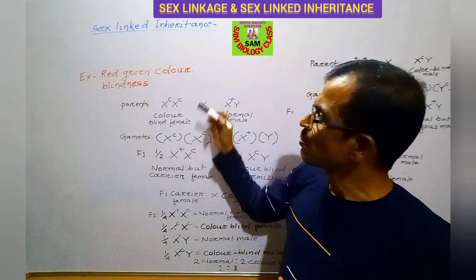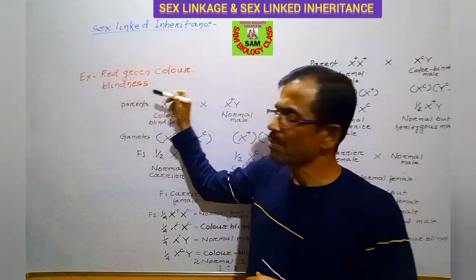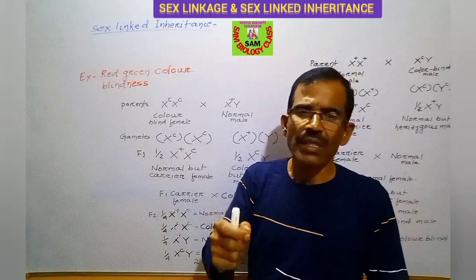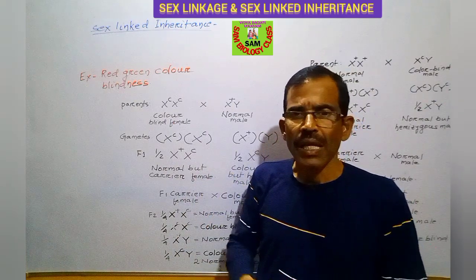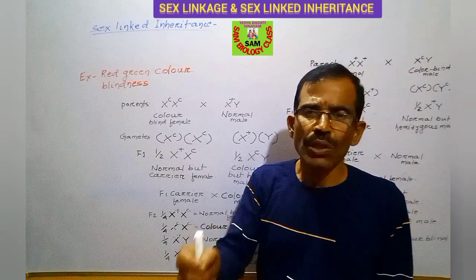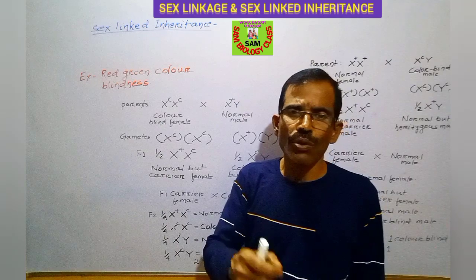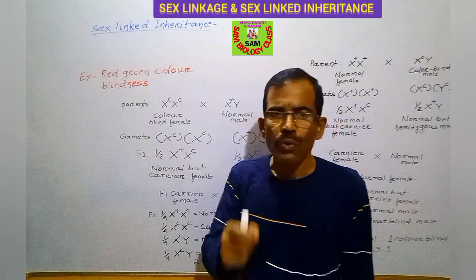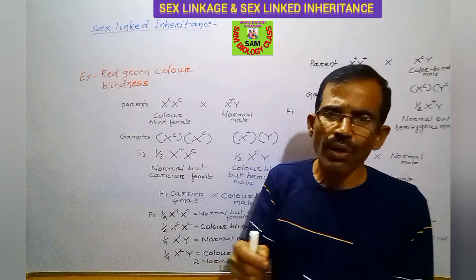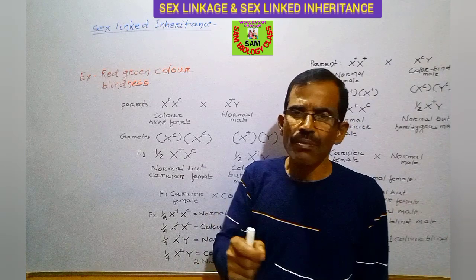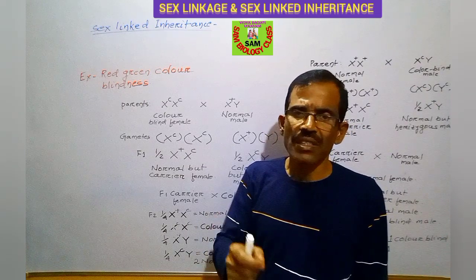The gene responsible for red-green color blindness is located on the differential region of the X chromosome. Its dominant allele is responsible for the formation of color-sensitive cells known as cones in the retina of the eye. Cones are responsible for color vision. Its recessive allele is unable to produce color-sensitive cells.